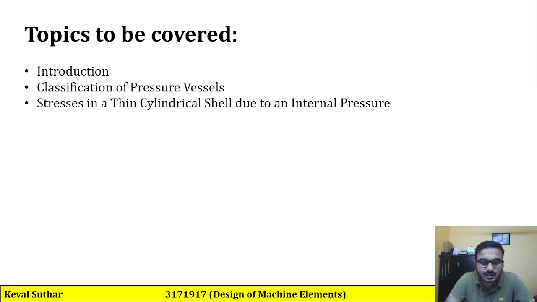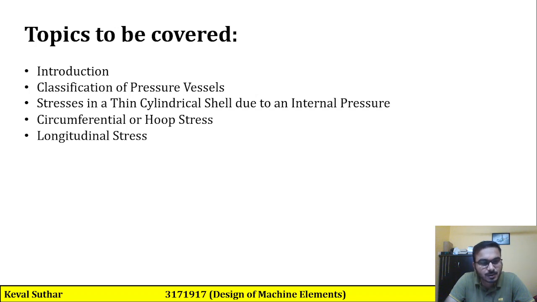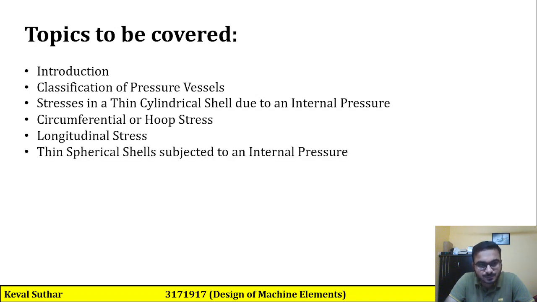After studying the classification, we will cover the different kinds of stresses generated in a thin cylindrical shell due to an internal pressure. There are two types of stresses generated. The first is circumferential or hoop stress, and the second is longitudinal stress.